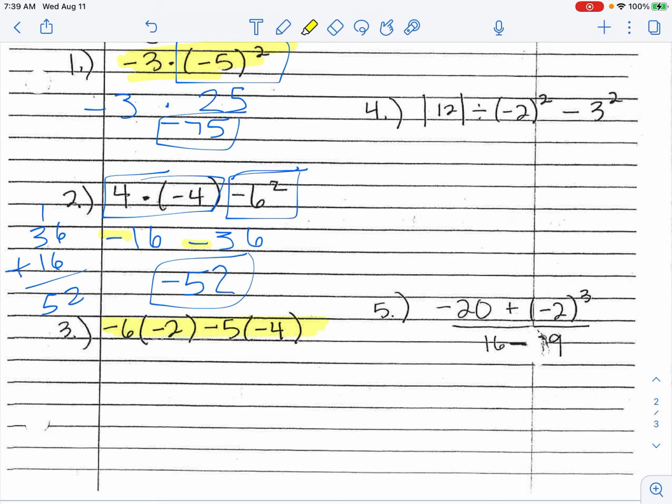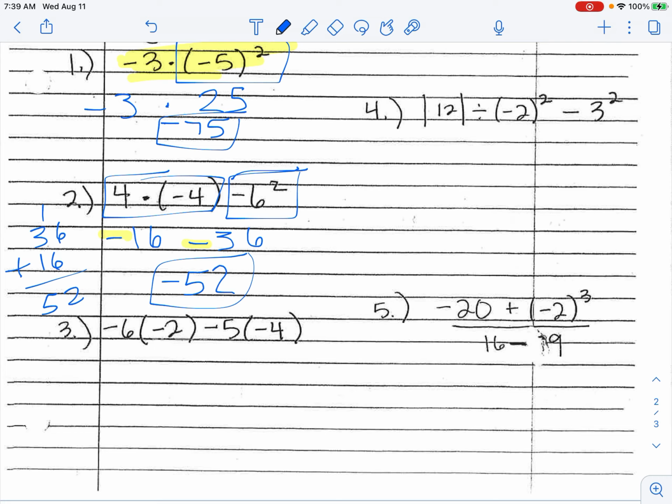All right, we're going to try 3 more. Negative 6 times, so notice that I'm reading this as times. That parentheses right there means times. Negative 6 times negative 2 minus 5 times negative 4. I do have parentheses, but it does not involve an operation.